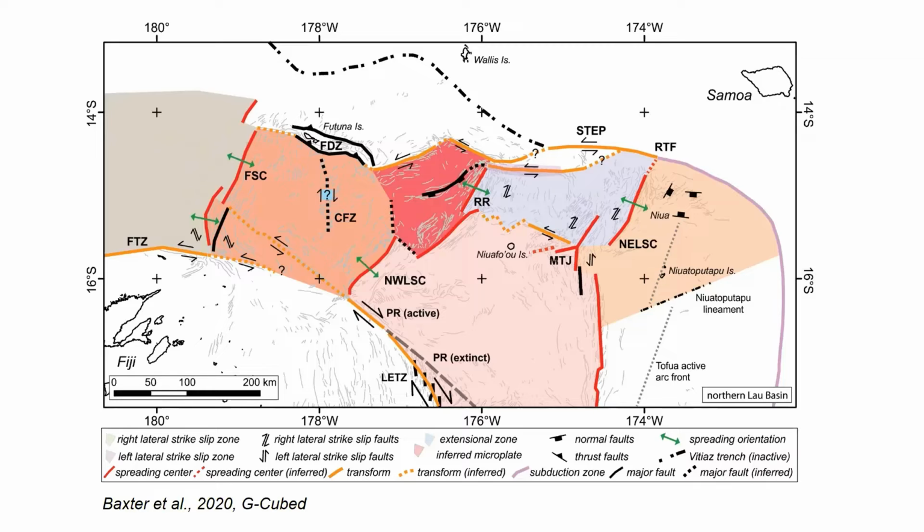For example, in the case of the Lau extensional transform zone, from a purely extensional boundary to a transcurrent to a transtensional boundary to a purely strike slip boundary, all within less than a million years. And the same sort of thing is happening along a major step fault on the northern part of the microplate assemblage. So an important message here is that all of these things are happening simultaneously, and that every structure is an early structure.